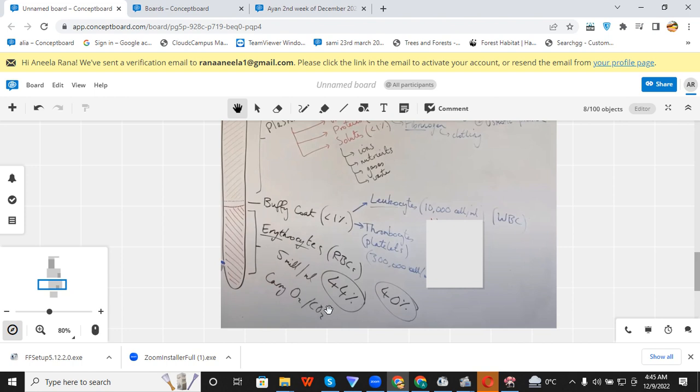About 44% of the total weight of a male consists of red blood cells, and it actually varies in the range from 40% to 44%. If the range is less than 40%, it can cause a disease called anemia. And if the percentage is higher, it also causes a disease.